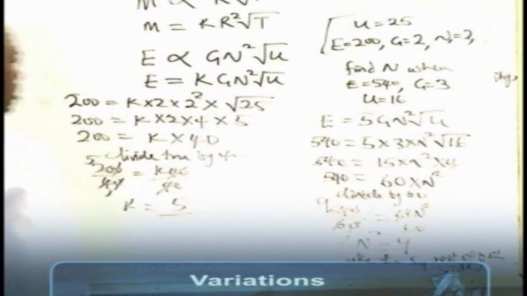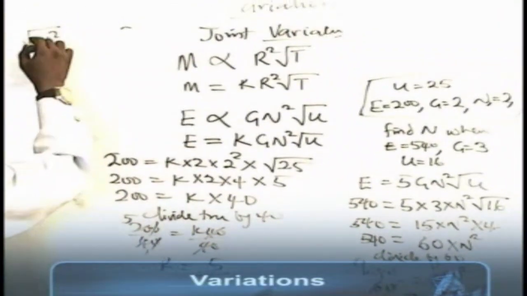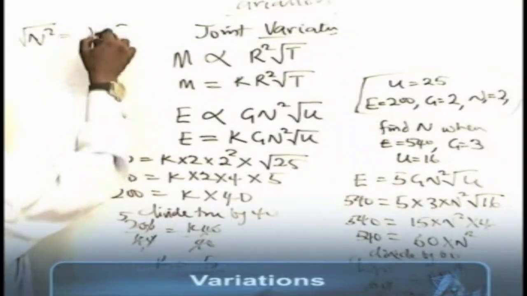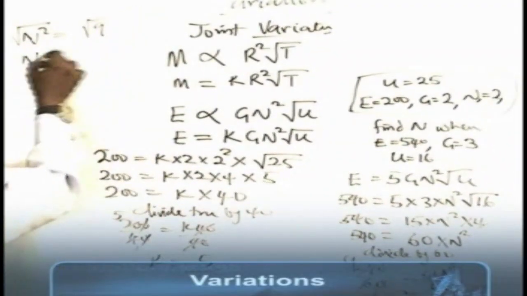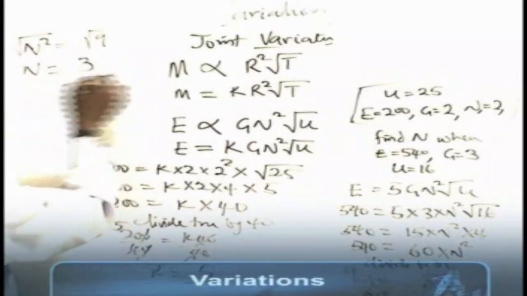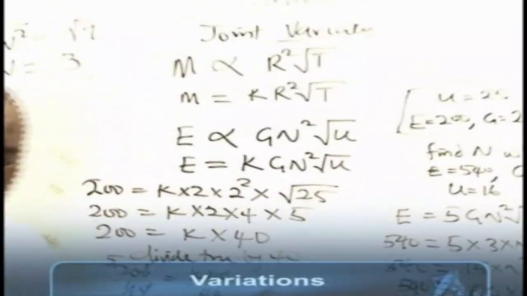I hope the camera is picking this. So you have the square root of N squared and the square root of 9. The square root of N squared will give you N. The square root of 9 will give you 3. So the value of N in this question is 3.